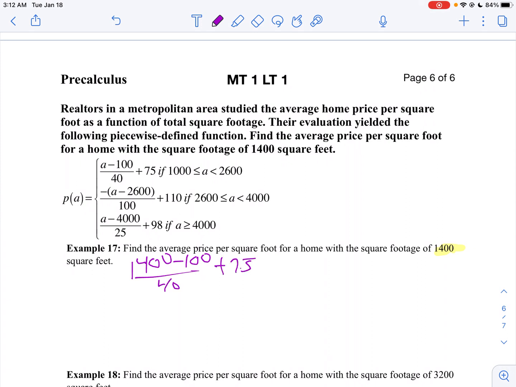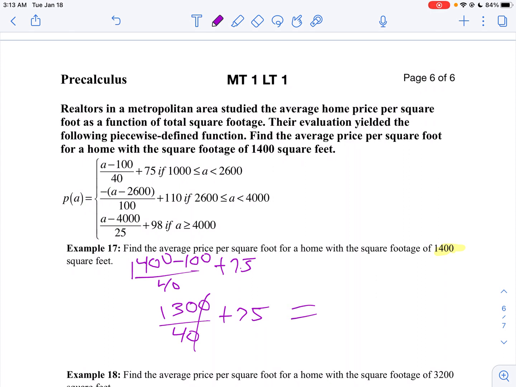Well, now let's simplify that. 1,400 minus 100, well, that would be 1,300 divided by 40 plus 75. Well, I notice 130 and 40, I can divide both of those by 10. So now we're just going to take 130 divided by 4 and add 75.